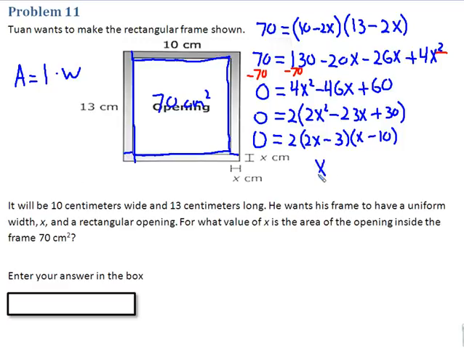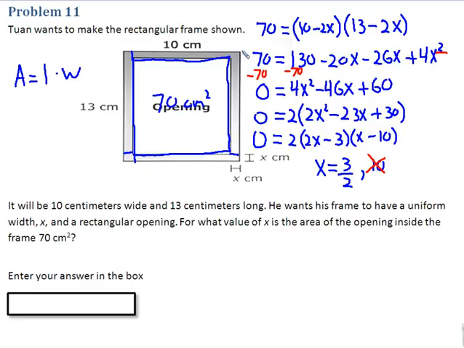We can finish it then by finding the zeros. This first factor is going to give me a zero of 3 halves. And the second factor will give me a zero of 10. Now as far as what the solution is, it can't be the 10, because if my x was 10, we'd be missing 10 on both sides of a 10 centimeter long frame.